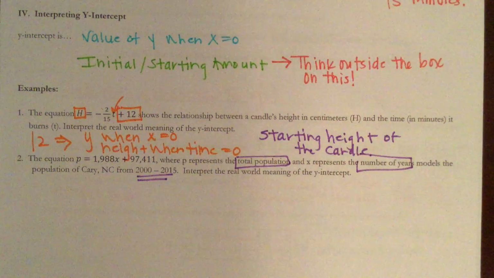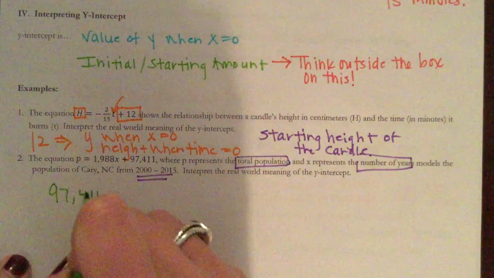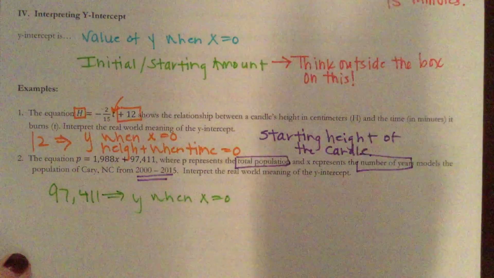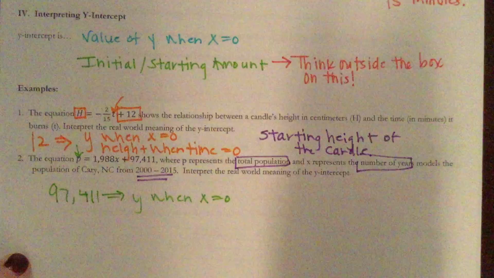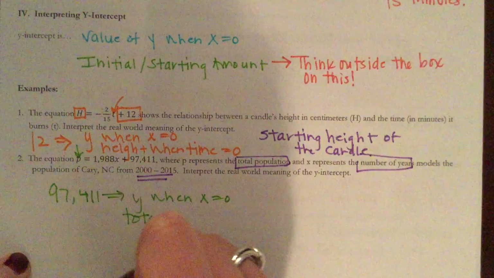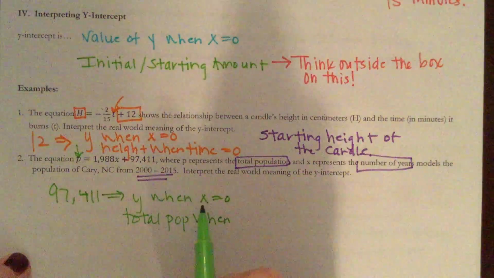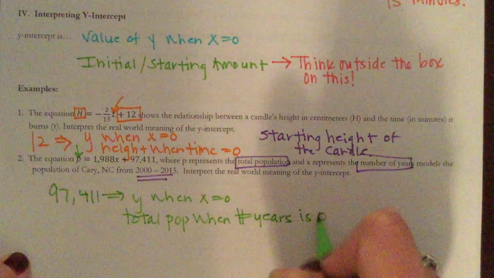So my Y-intercept there, 97,411, remember the Y-intercept is y when our x value is 0. Well, if I think about what y was representing, that P, which is in the y position, it says that is the total population. So it's the total population when x, which was the number of years, is 0.